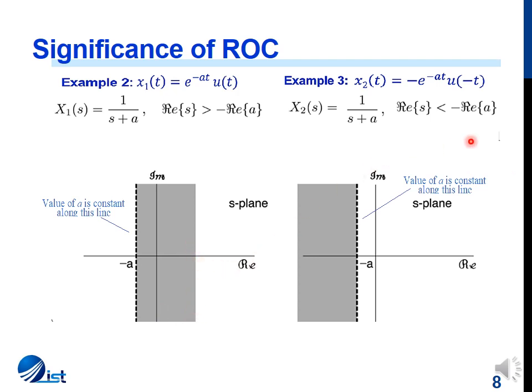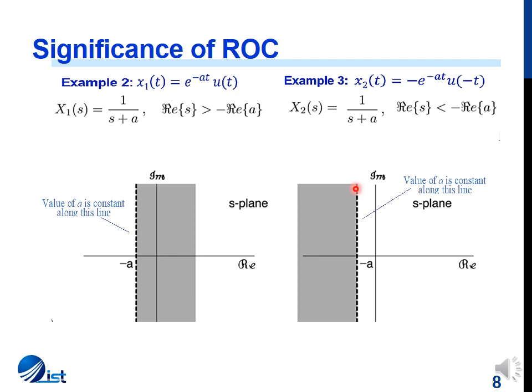For the other signal, we see that the ROC exists for real s less than minus real of a, which means again that we draw a line for real values of minus a, which is a straight line, because along the straight line we'll always have minus a in the real value, and the value of omega, or the imaginary value, could be anything.